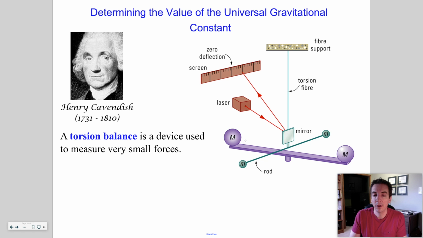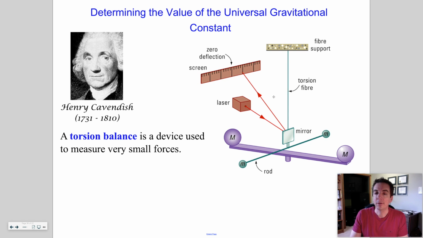So here you've got a large mass, mass M, another large mass, mass M. They might be something very massive, like a cannonball or something made out of lead. And on the end of a rod, you've got relatively small masses there and there. And that rod is hanging from what you call a torsion fiber.